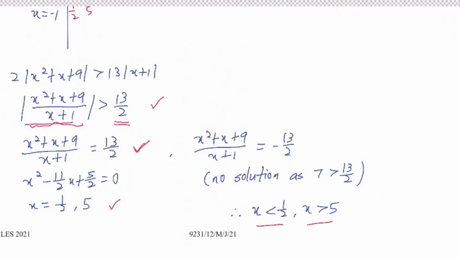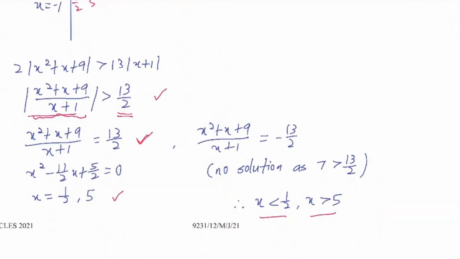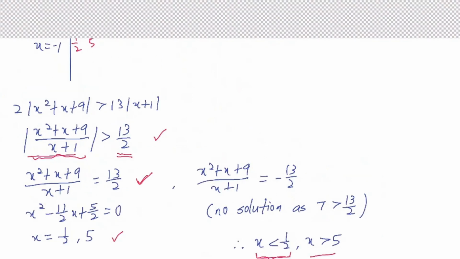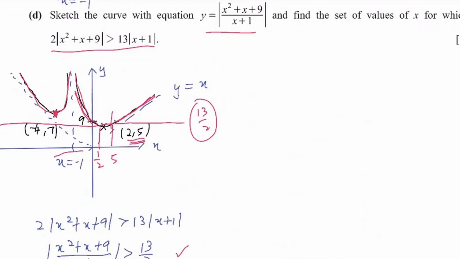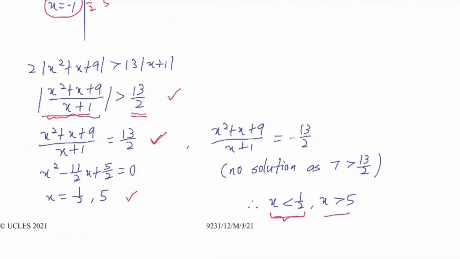Okay, so here's the thing. The mark scheme will accept this. They can condone the fact that x equals -1 is an asymptote. So it shouldn't be included in this inequality, because this inequality contains x equals -1. But the mark scheme allows us to write that.